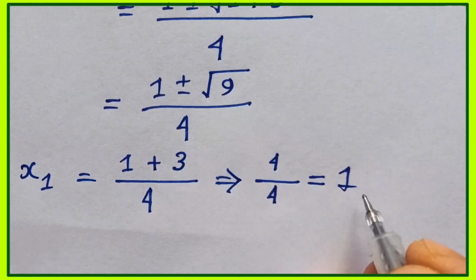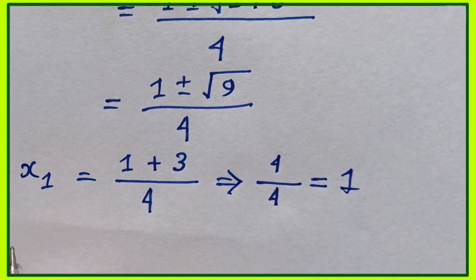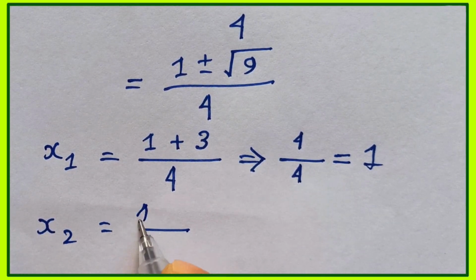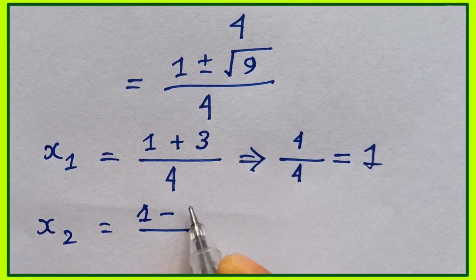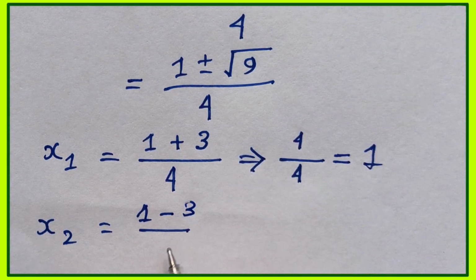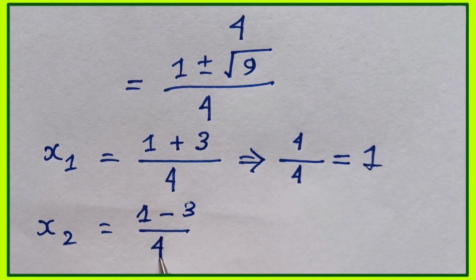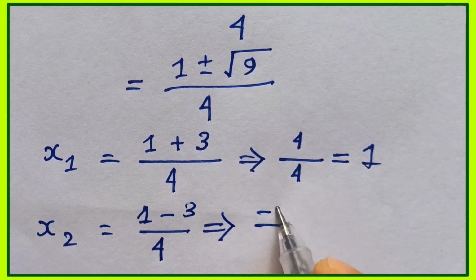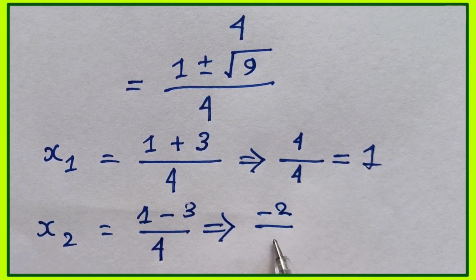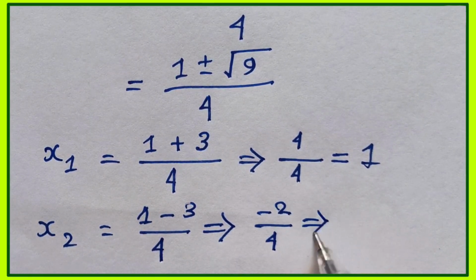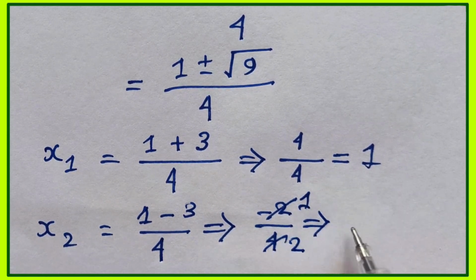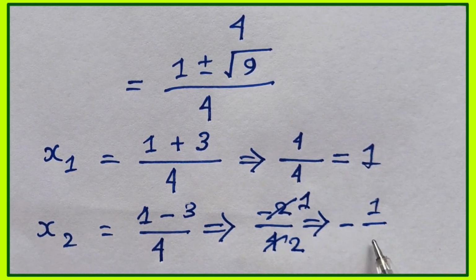This is the value of x1, and here x2 is equal to 1 minus the square root of 9, which is 3, over 4, is equal to minus 2 over 4, is equal to minus 1 by 2.